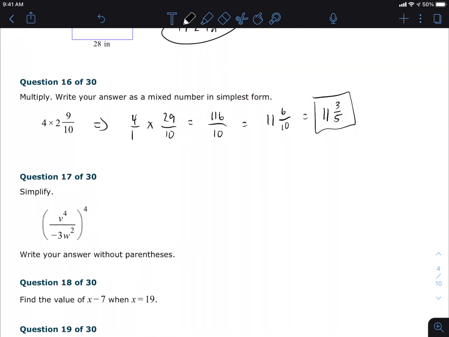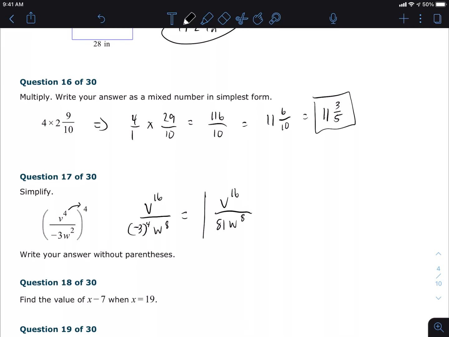Now this next one, remember, exponent raised to exponent tells us to multiply. So I'm going to get v to the 16, w to the 8th, and then that negative 3 is going to be to the 4th. So I'm going to get v to the 16th. What is that? 9 times 9 is 81.